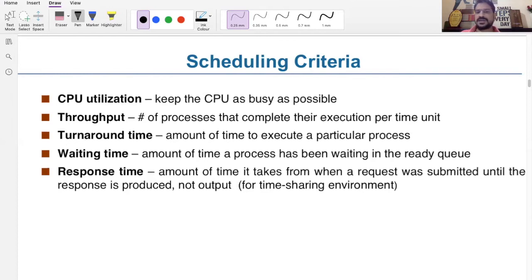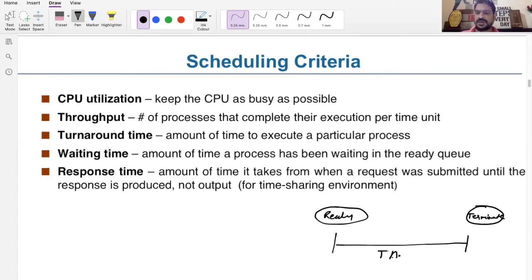Now next is turnaround time. We know what turnaround time means, right? It is the amount of time to execute a particular process: when a process comes into the ready state and when it reaches the terminated state, that time duration is called turnaround time. In between we have running.